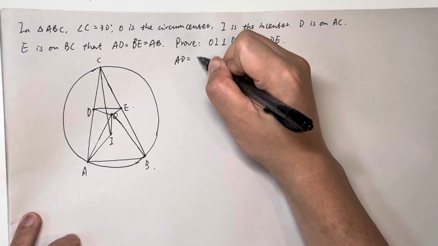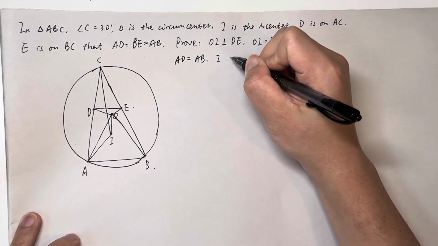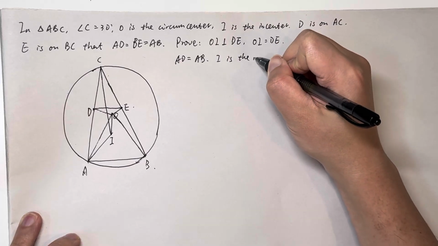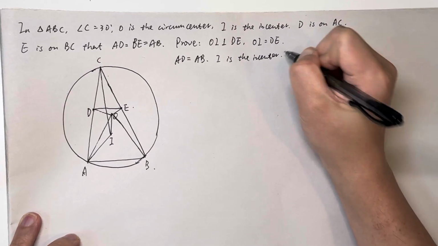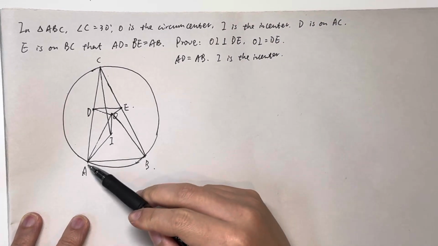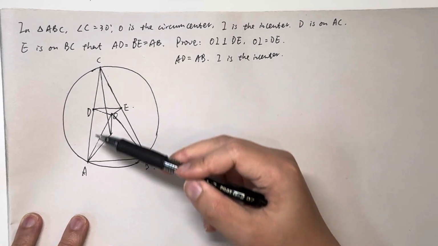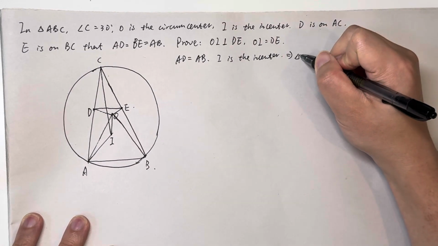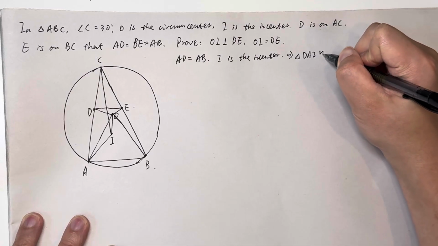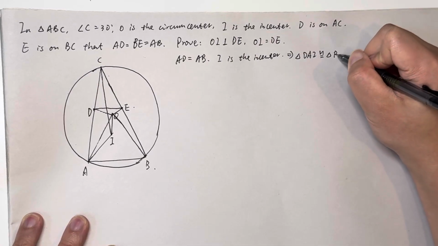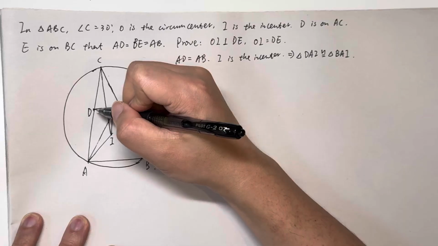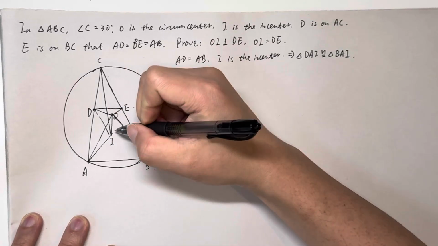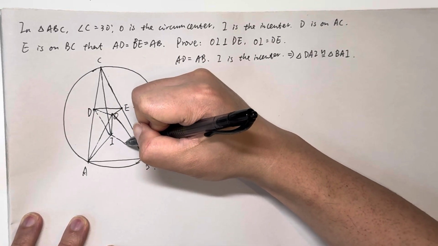AD equals AB. I is the incenter. That means AI is the angle bisector of angle CAB, which means we know that triangle DAI is congruent to triangle BAI, right? And it forces us to connect ID and IB.